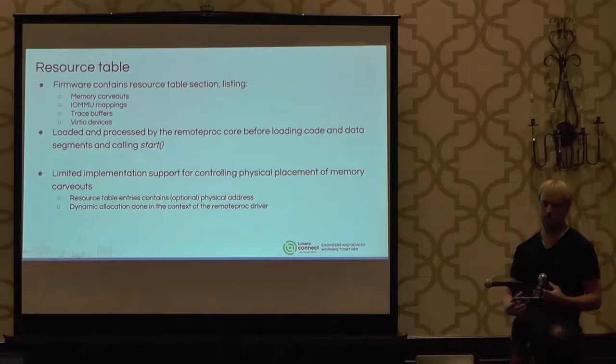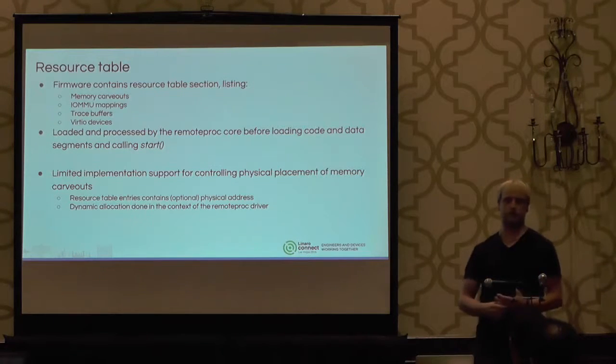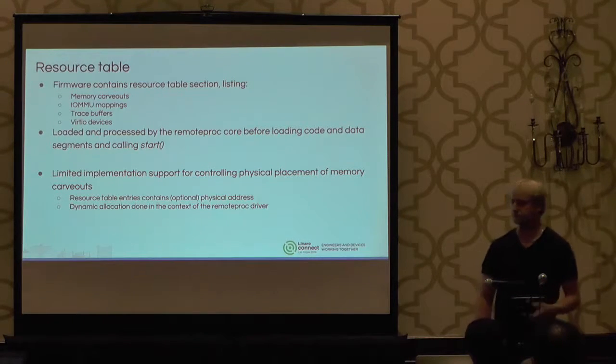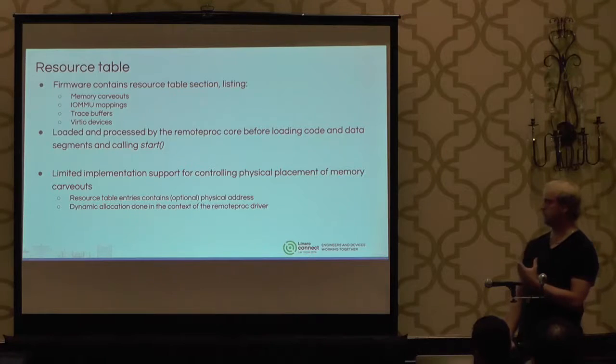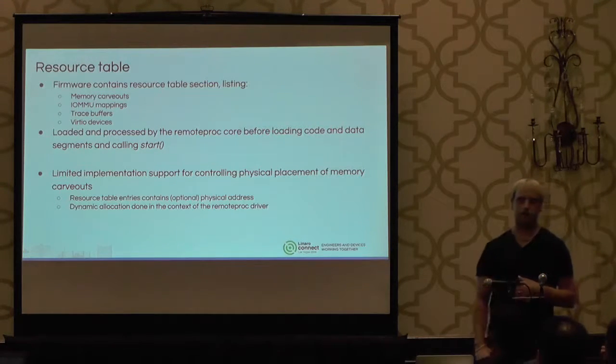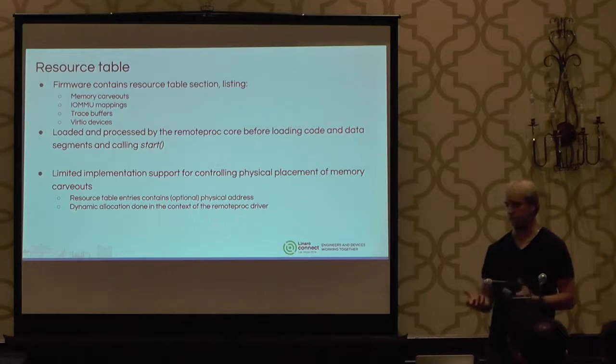That's for specific use cases. And then we have VirtIO devices, which are used for communicating with the running processor. The VirtIO devices could be network interfaces, serial interfaces, or rpmsg, message passing.